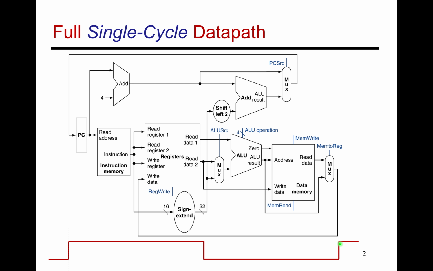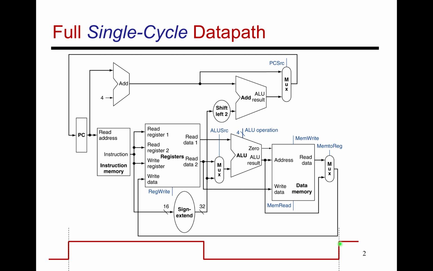The implication of this design also is that after we finish one instruction in one cycle, we can go to the next cycle and execute the next instruction. When that next instruction is finished, we go to the following cycle and begin execution of the third instruction. So we are executing one instruction per cycle.